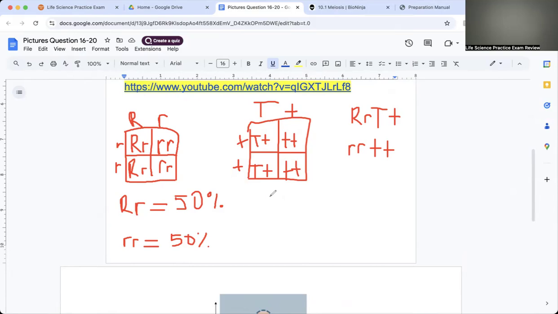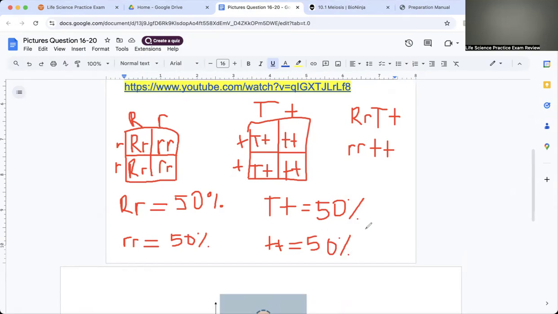So again, we're going to write our percentages. Let's do our heterozygous first. Again, we have no homozygous dominant, so I'm just not even writing it down, but we have 50% heterozygous, and then we have 50% homozygous recessive.